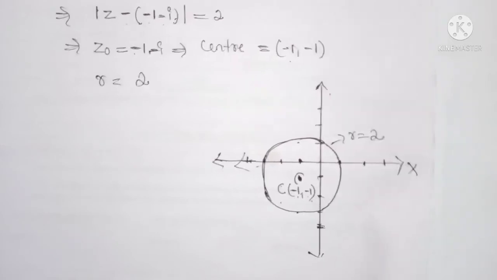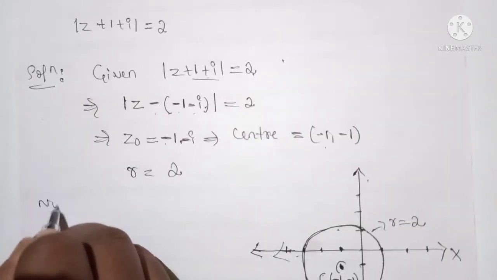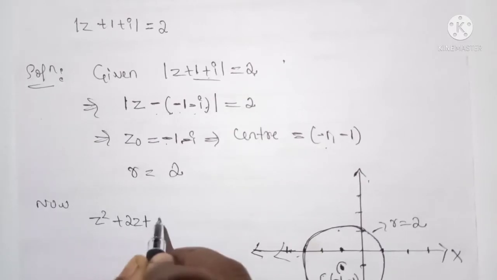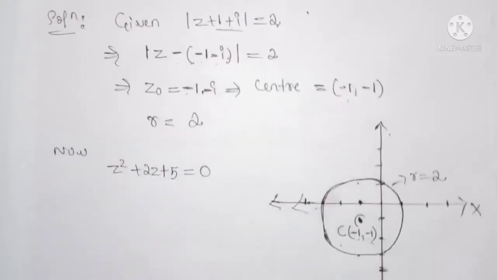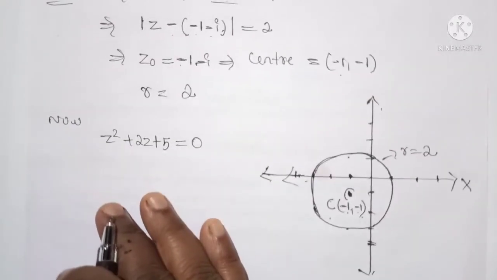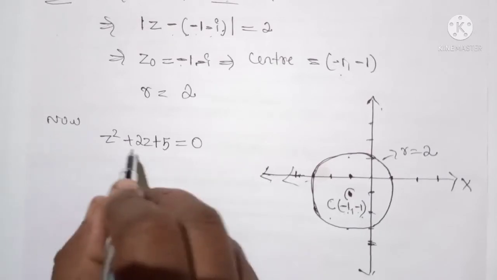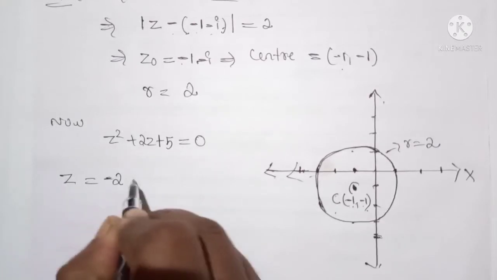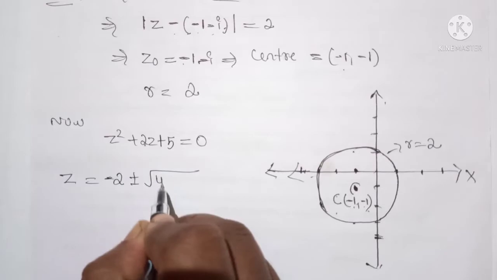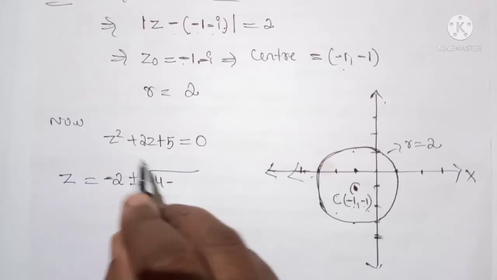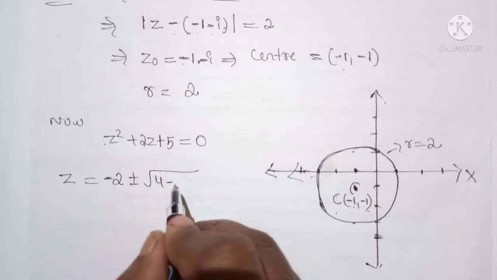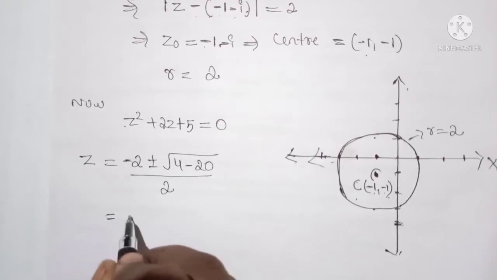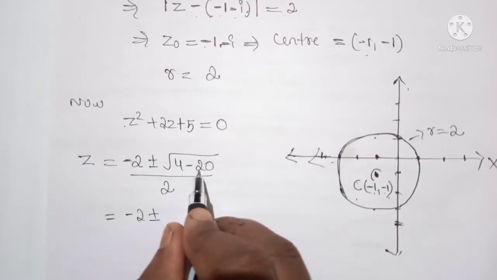Now consider the denominator. Now denominator is z square plus 2z plus 5, it is equal to 0. Now simplifying this by using the formula method, z equals minus b plus or minus root of b square minus 4ac, where a equals 1, c equals 5, divided by 2a. So we get minus 2 plus or minus root of minus 16 divided by 2.